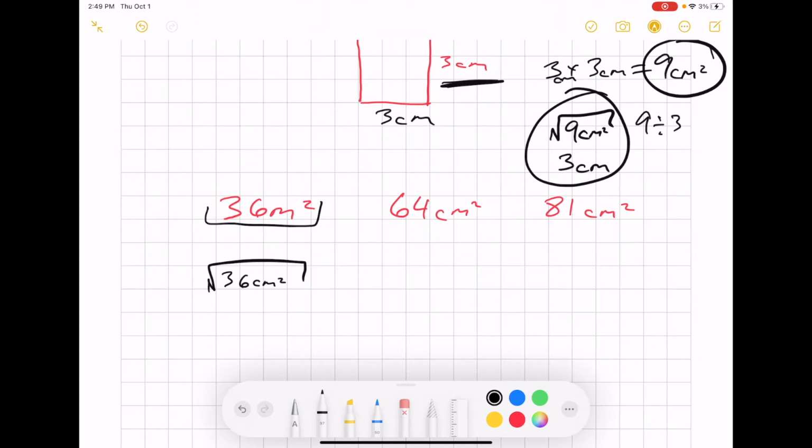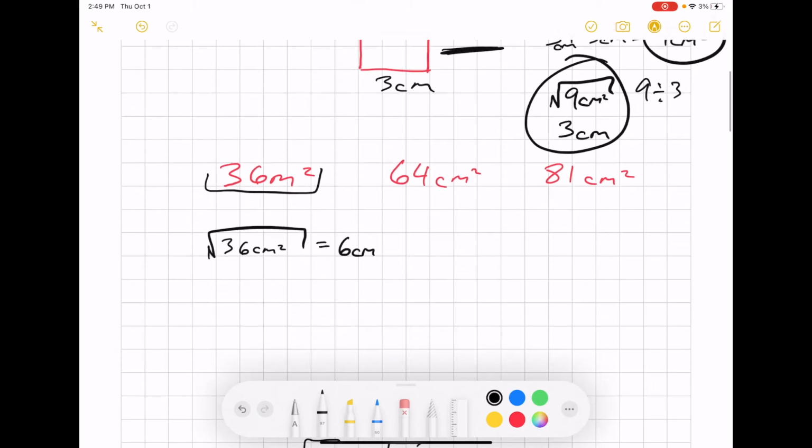If I don't know what number multiplies by itself to get 36, I can do guess and check, working systematically, starting at 1. So 1 times 1, 2 times 2 is 4, 3 times 3 is 9, 4 times 4 is 16, 5 times 5 is 25, right? 6 times 6 is 36.